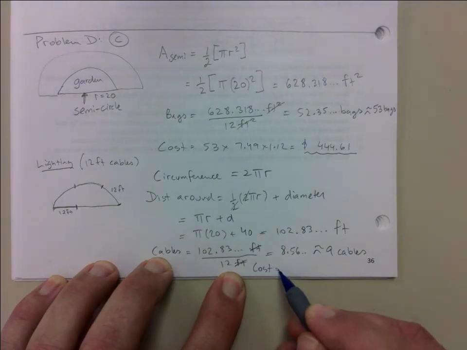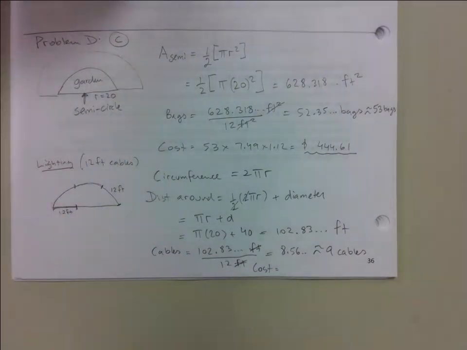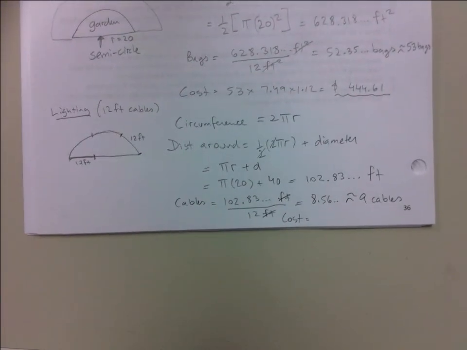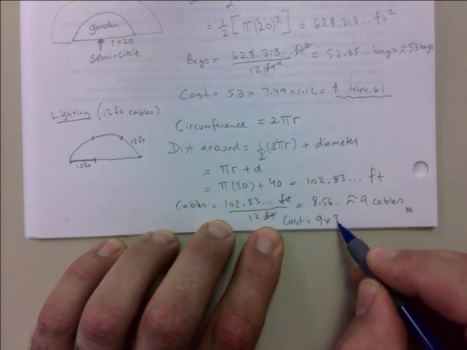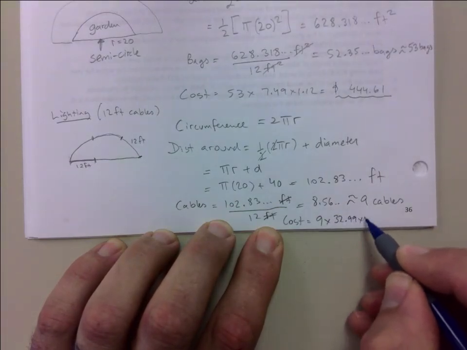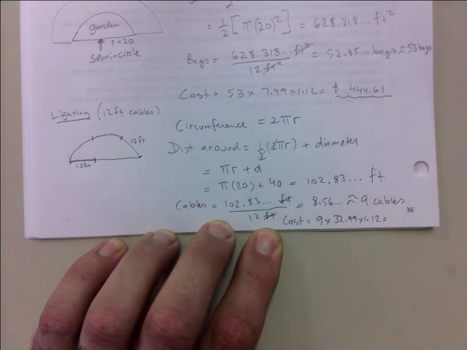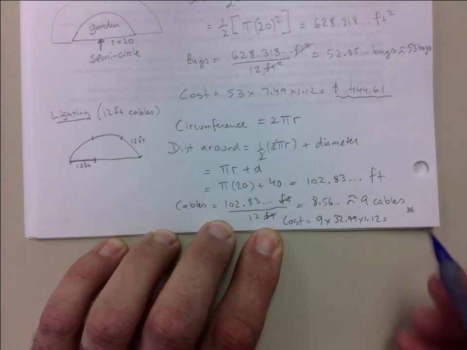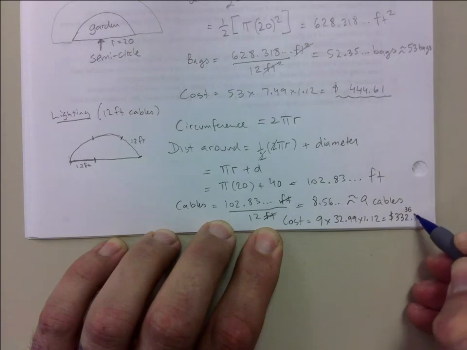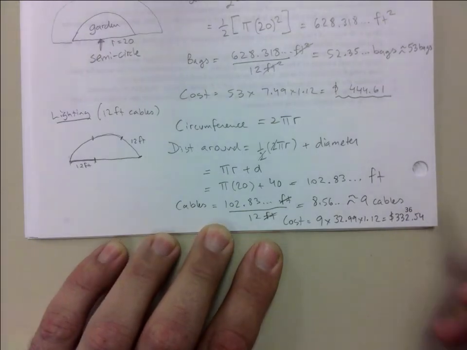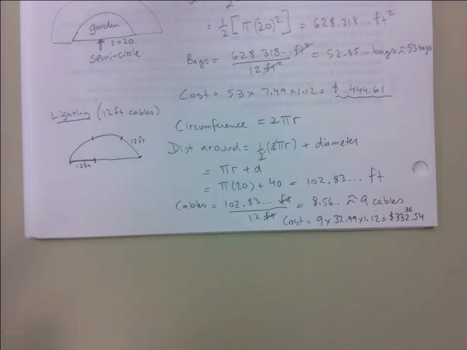Cost. I can do this. Cost is 9 times 32.99 times 1.12. And that's 332.54. I'm going to give that a color.